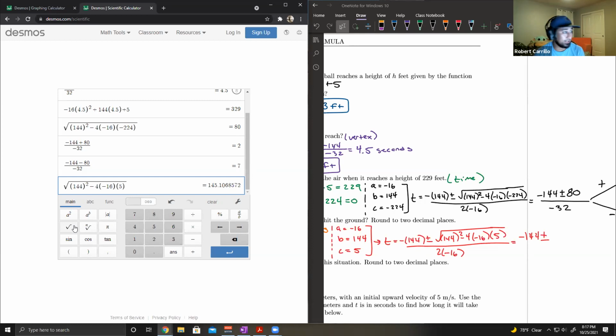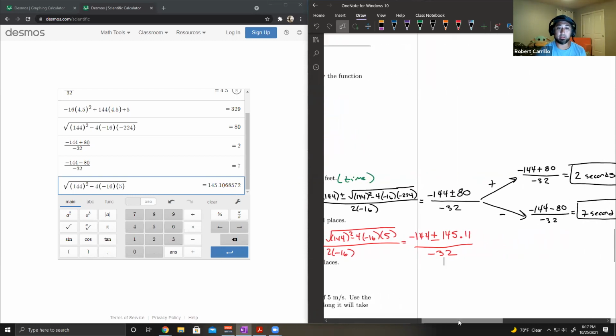And this time we get a decimal number. So I'm just going to do it to 2 decimal places. 145.11 over negative 32.